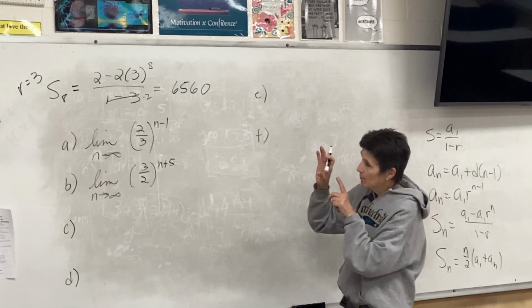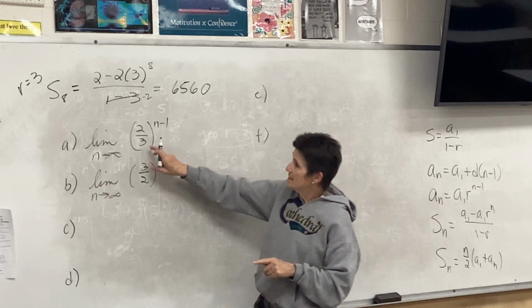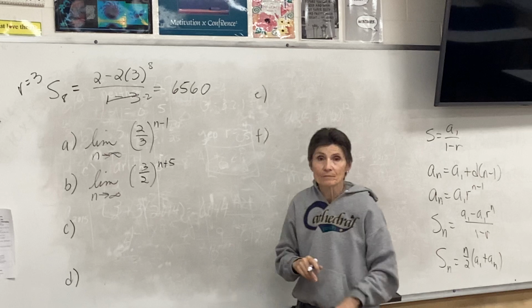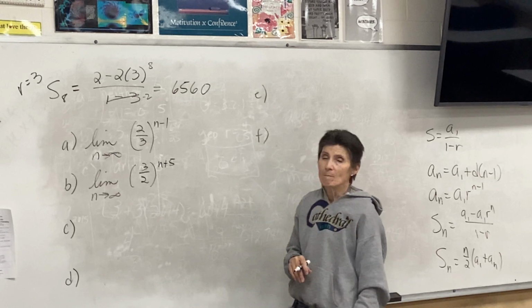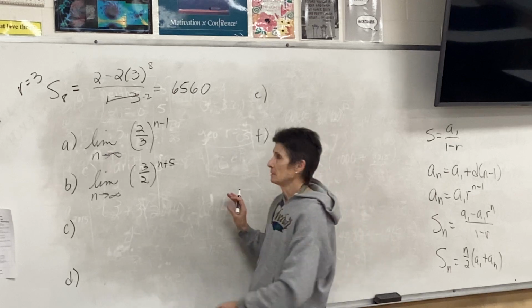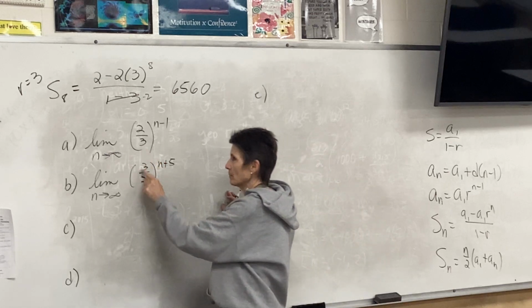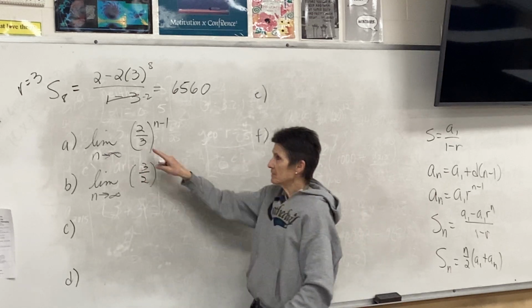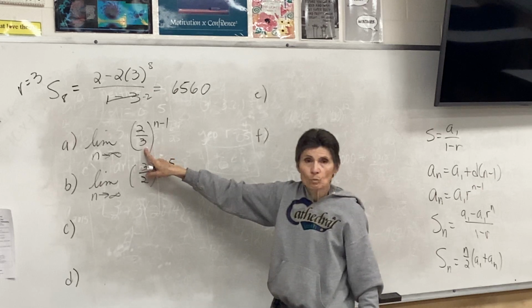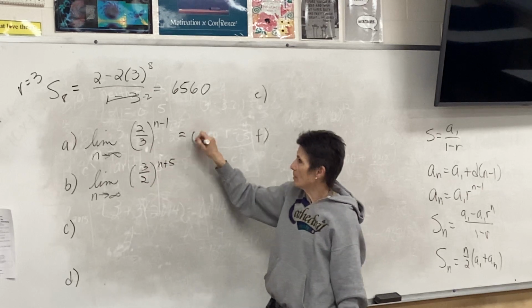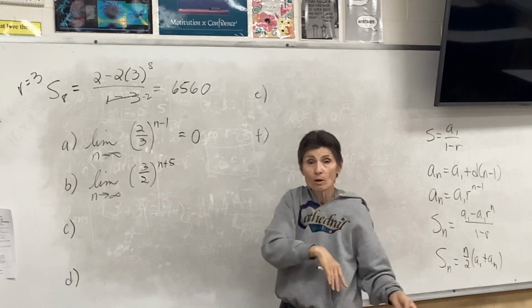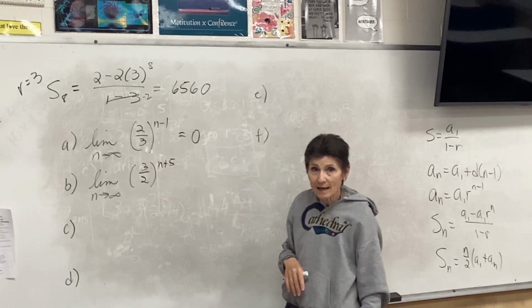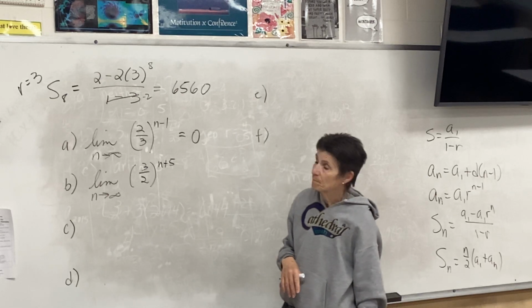So we've looked at problems that involve numbers being raised to a power. And we've discussed that when we do this problem, what matters to us is the size of this number right here. If the number is less than 1, the limit is 0. These terms are going to continue to get smaller and smaller and smaller as you multiply by 2/3.